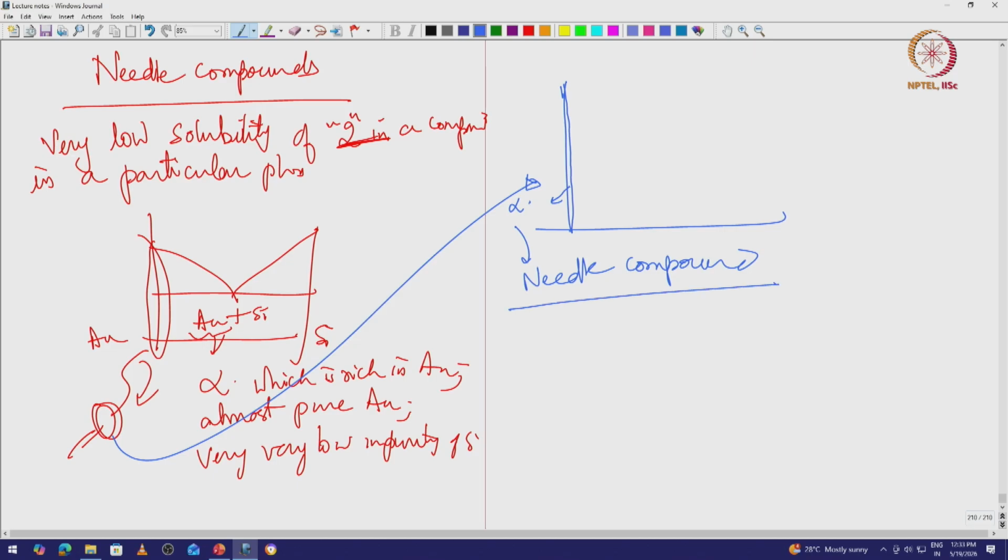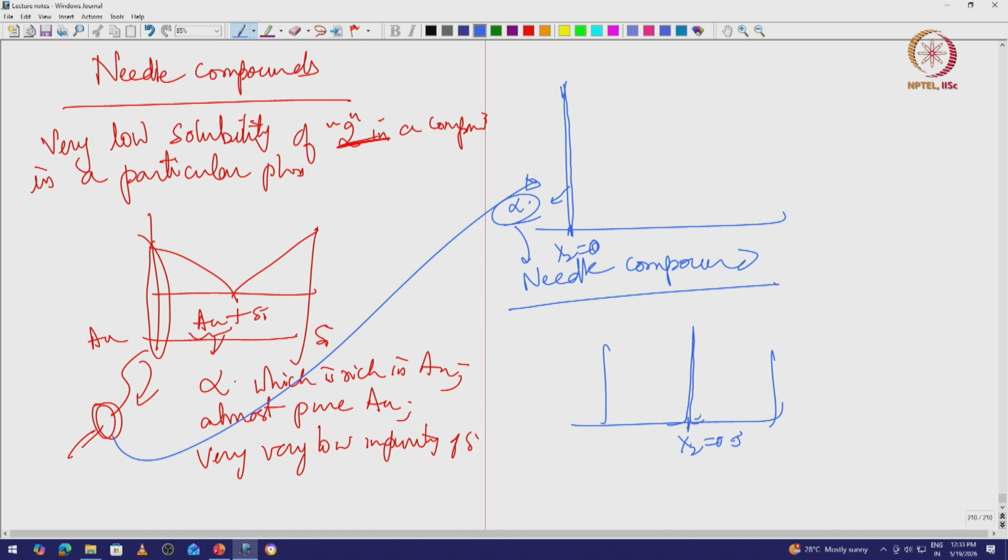Only that composition, for example, only here X2 equal to 0, is the only composition where I can find this particular phase. Similarly, in some other material I can find at X2 equal to 0.5 some kind of needle compound.